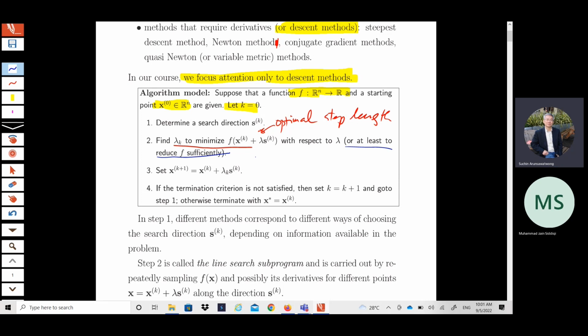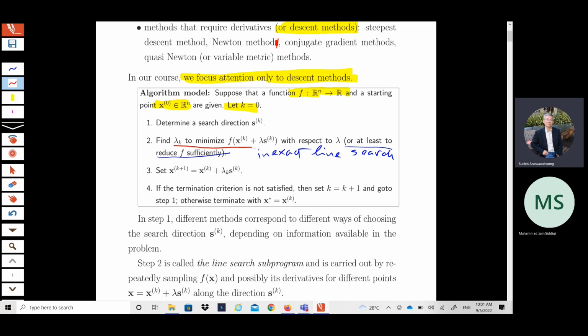Here we call this the inexact line search, whereas the process where we find the optimum step length, we call exact line search. You will hear this. Let me rewrite it.